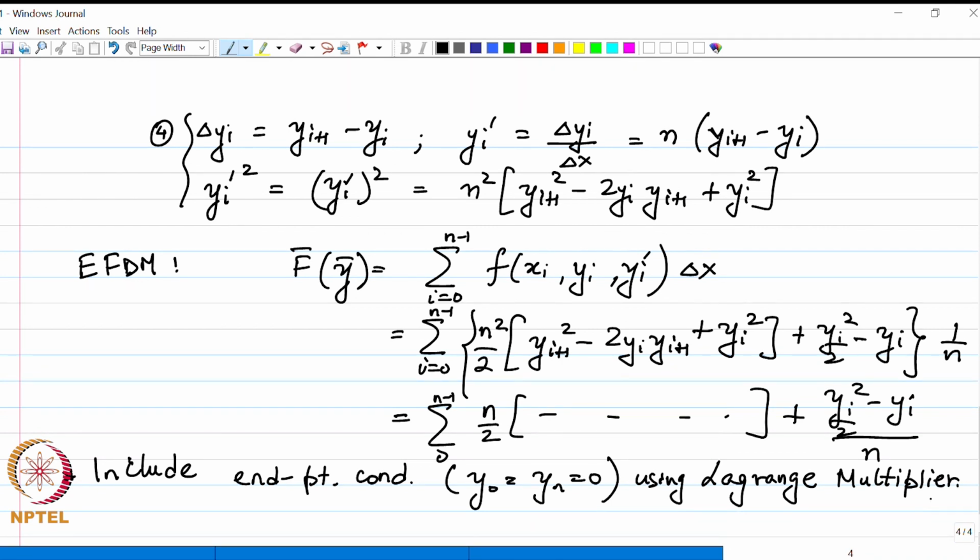So, using the Lagrange multiplier method, we write down the new vector function.